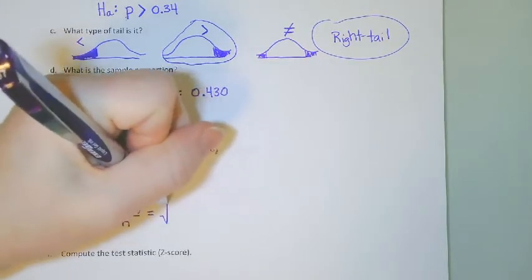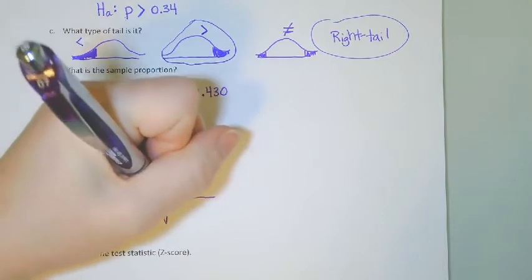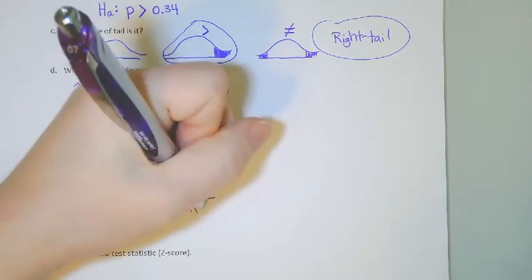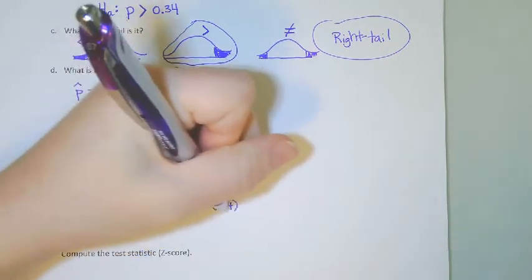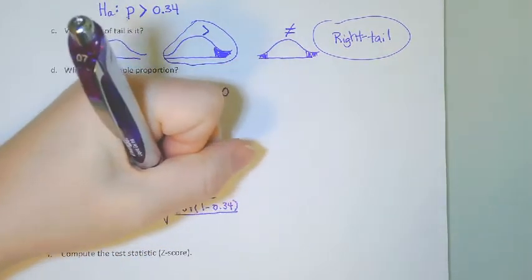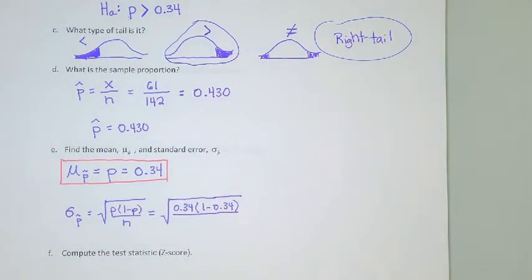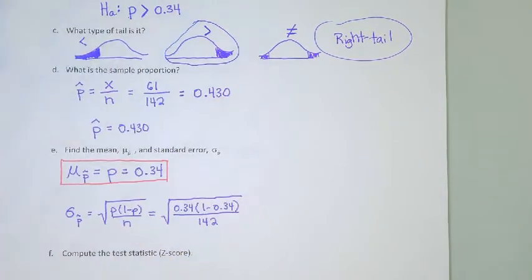So I'll go ahead and substitute in those values. So I'm going to have 0.34 times 1 minus 0.34 divided by the sample size, which was 142.